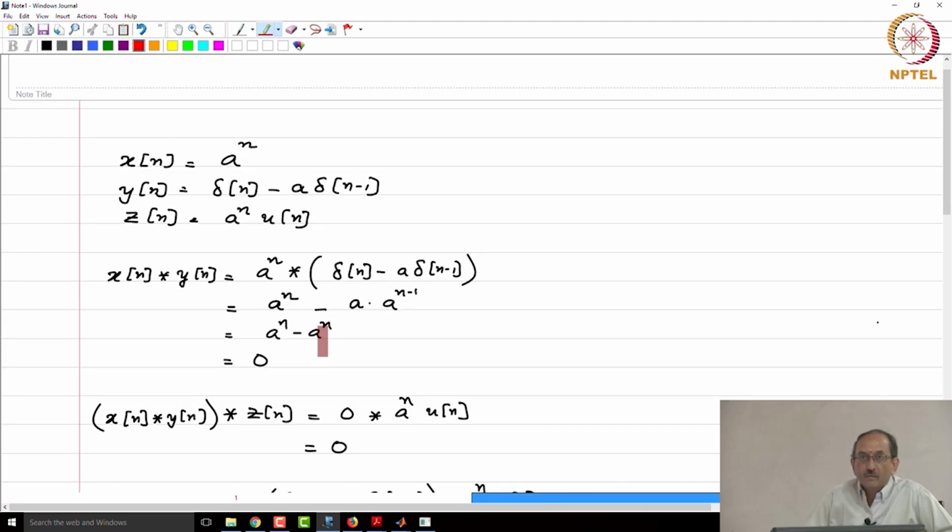X of n minus n naught, yeah. Why? Why that won't apply? No, why is it that thing won't apply? That surely applies. Right? Unless I am not getting exactly what you are trying to point out.